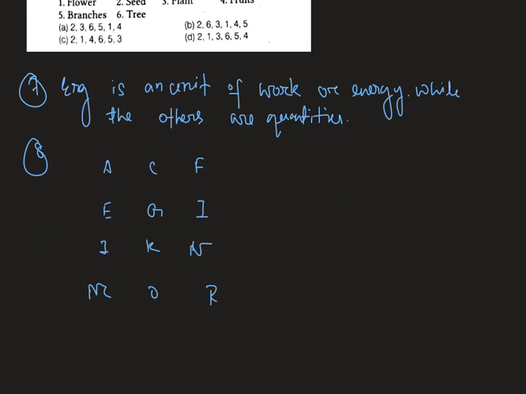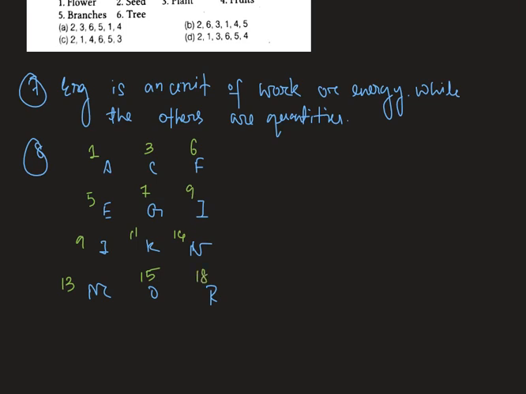Now the numbers are 1, 3 and 6. For EGI it is 5, 7, 9. For IKN it is 9, 11, 14. Then for M it is 13, for O it is 15, and for R it is 18.